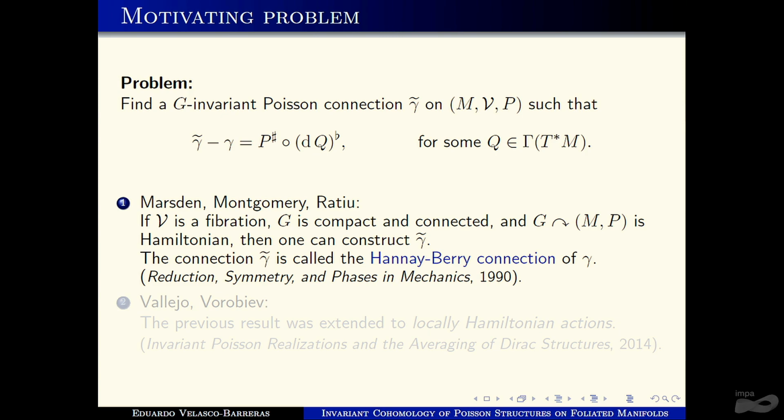On the other hand, this class of connections arises in the context of constructing invariant Dirac structures on foliated manifolds. Vallejo and Borovoi show that if we have the same hypothesis, but instead of a Hamiltonian action we have a locally Hamiltonian action, then we can also construct this Hannay-Berry connection adapted to the G action and to the original connection.